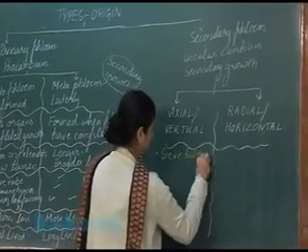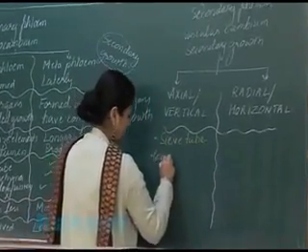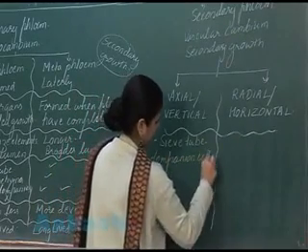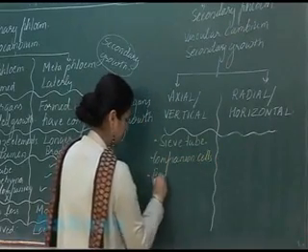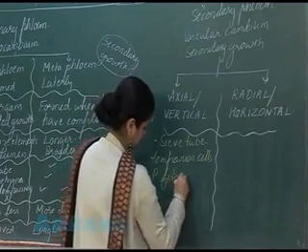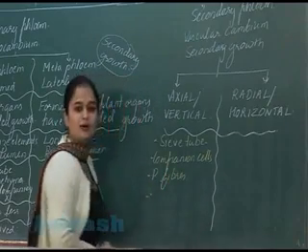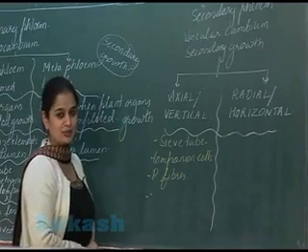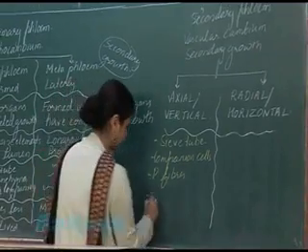Along with sieve tubes, companion cells, then phloem fibers, and the type of phloem parenchyma which is present vertically is known as axial parenchyma.